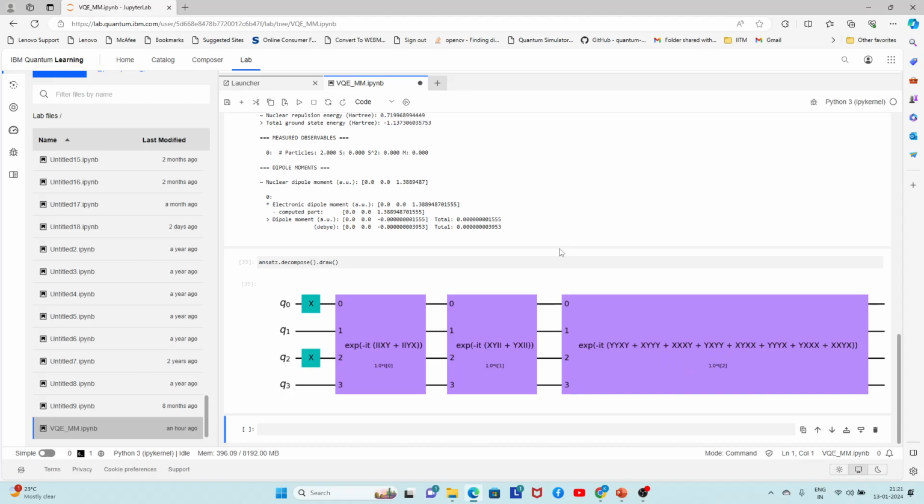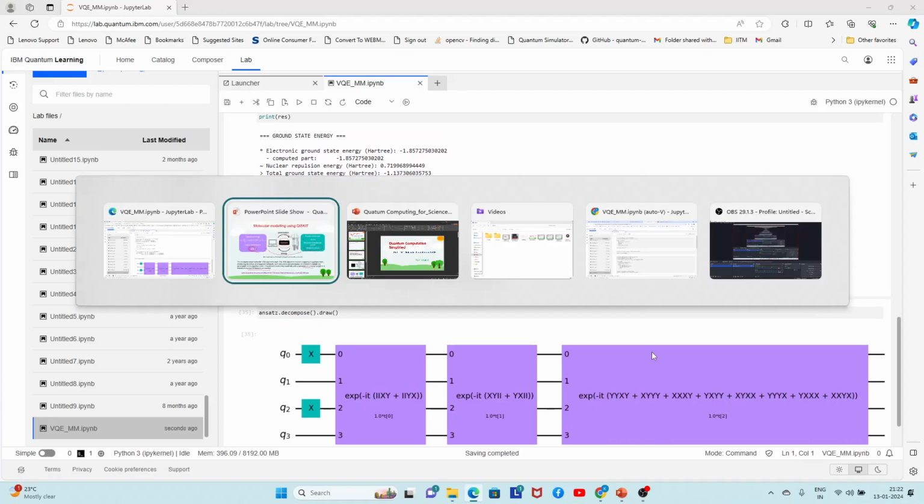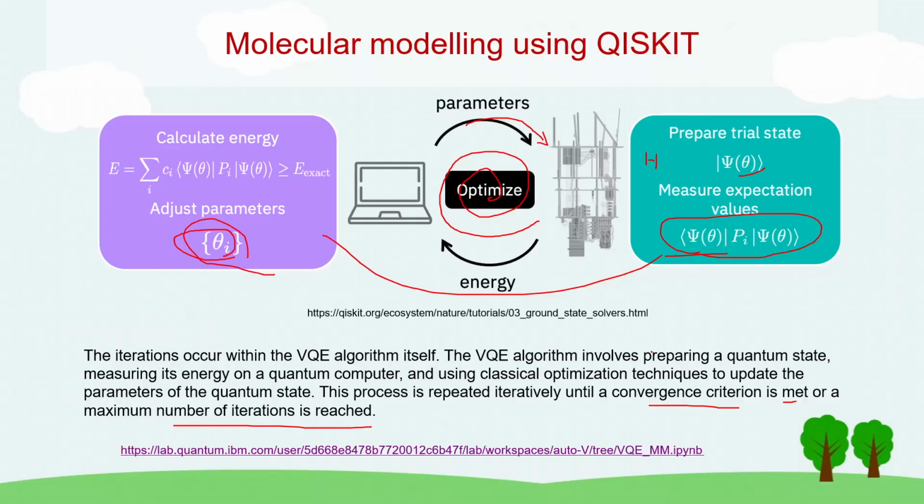You also would have seen any Hamiltonian can be represented with just a set of Pauli matrices or Pauli gates. So that is what is being seen here. All right, so we'll get back to our presentation.